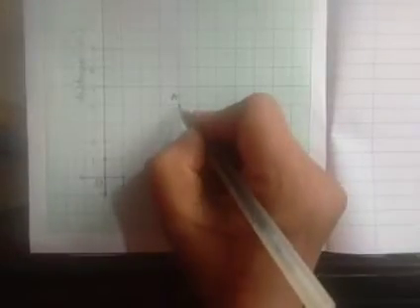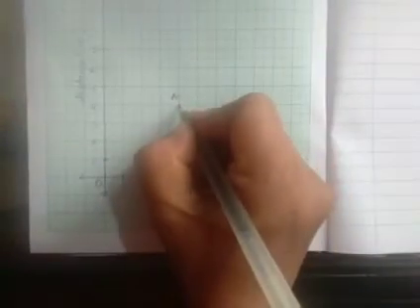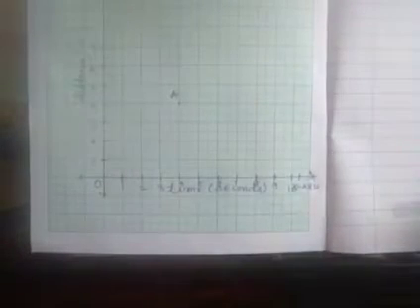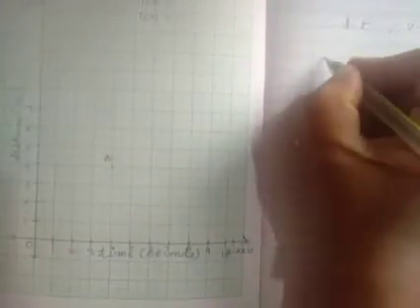You have learned the formula: speed is equal to distance upon time, that is d upon t.